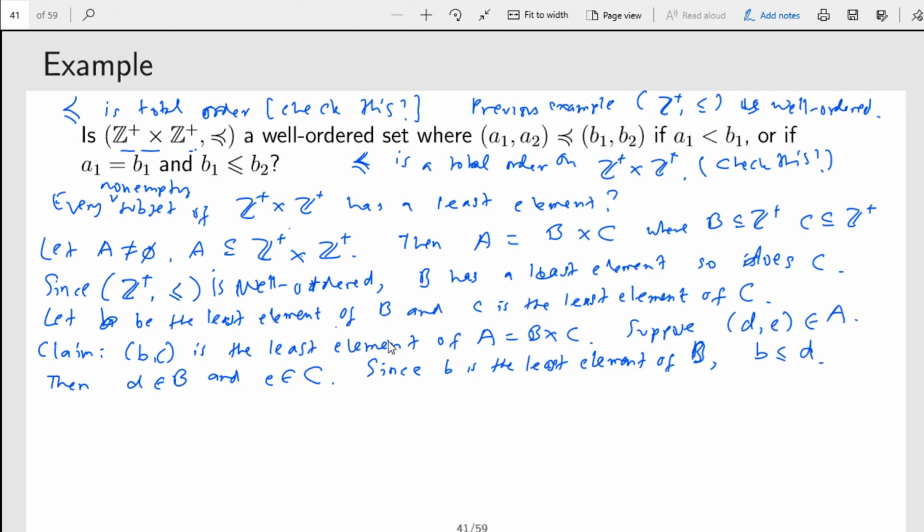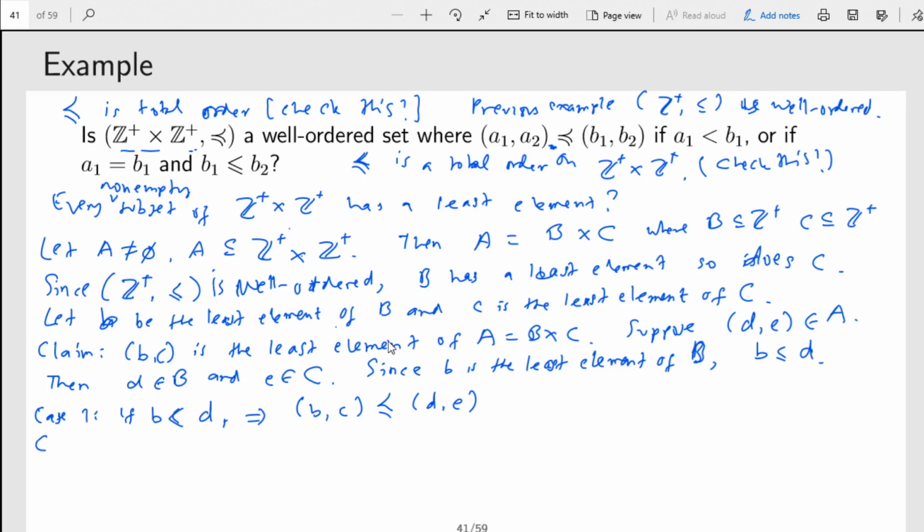Now we have two cases. Case 1: if b is less than d, then b, c is of course less than or equal to d, e, by our definition of the partial order here.